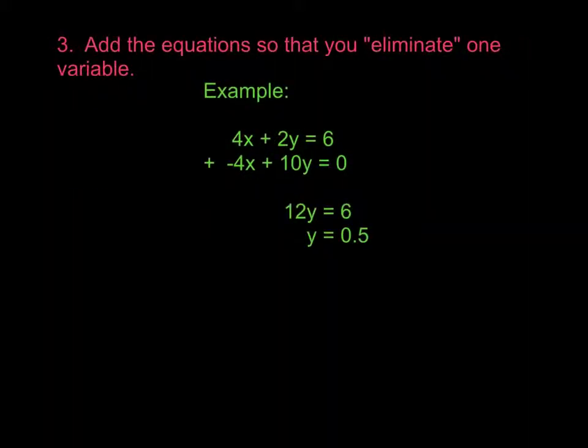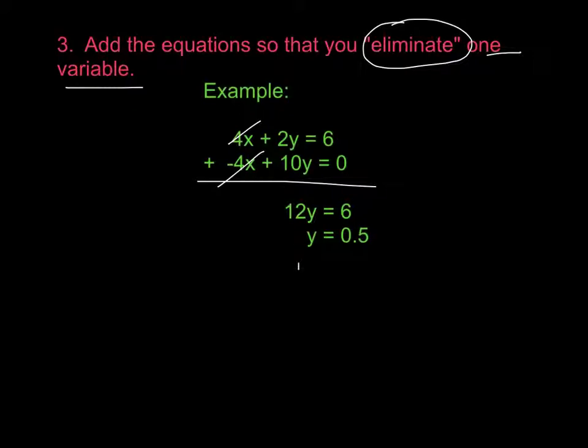The third step is to add the equations so that you eliminate, there's your key word, eliminate one variable. So if I add these guys up, 4x plus negative 4x, they cancel out. 2y plus 10y is 12y, and 6 plus 0 is 6.